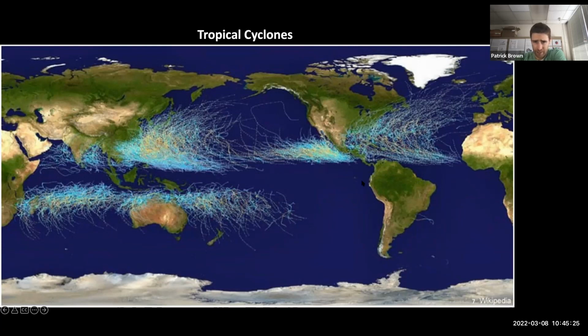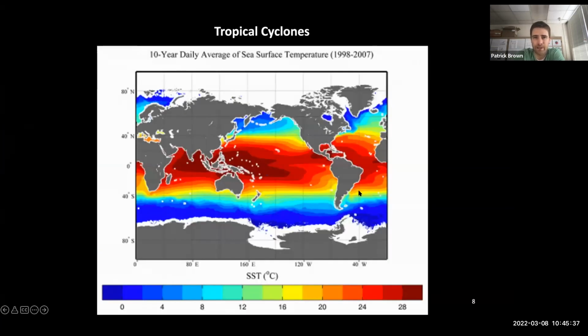And then there's some empty locations in the Southern Pacific and the Southern Atlantic, and that's essentially because there are too cold sea surface temperatures there. So you can see that a little bit in a map like this. This is the average sea surface temperatures geographically. And so, this is why we don't get hurricanes and tropical cyclones on the west coast of the United States, partially because the sea surface temperatures are too low, and also because the atmosphere is actually not conducive to tropical cyclone formation.